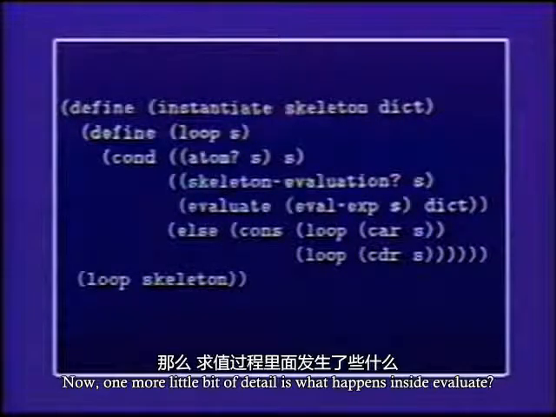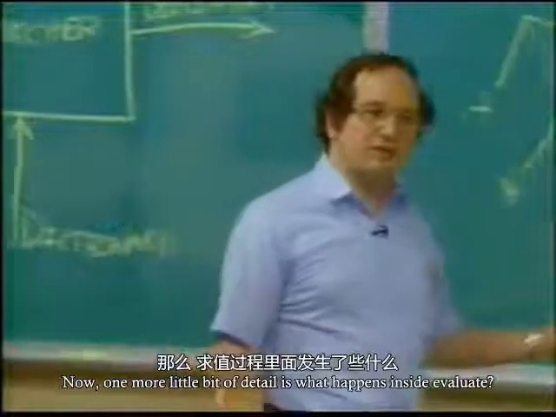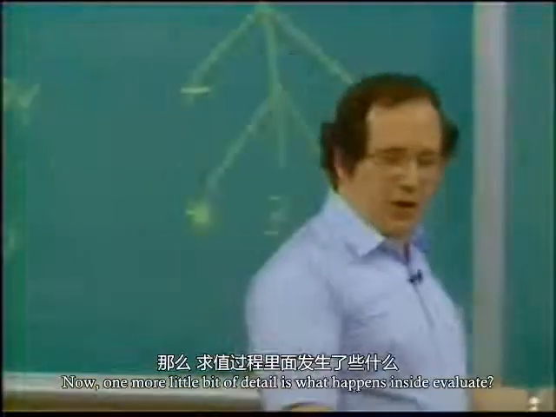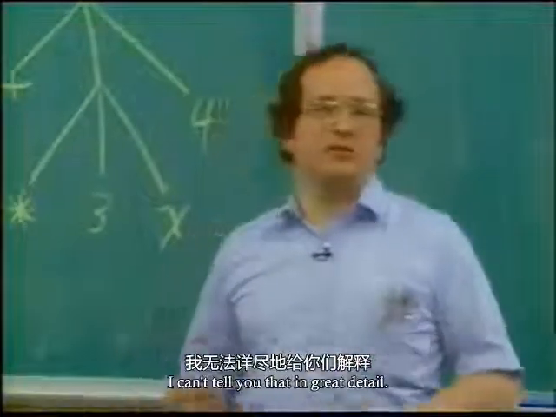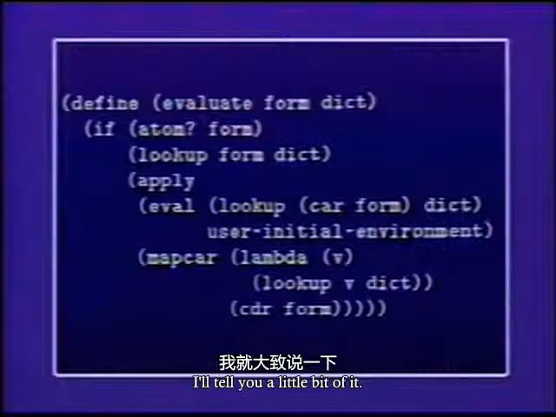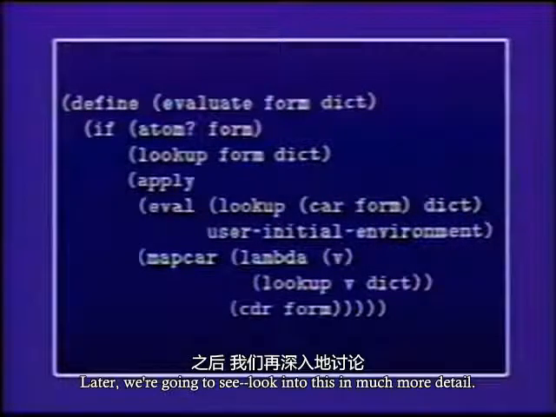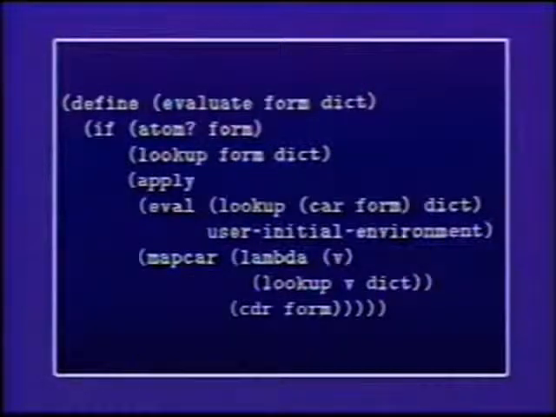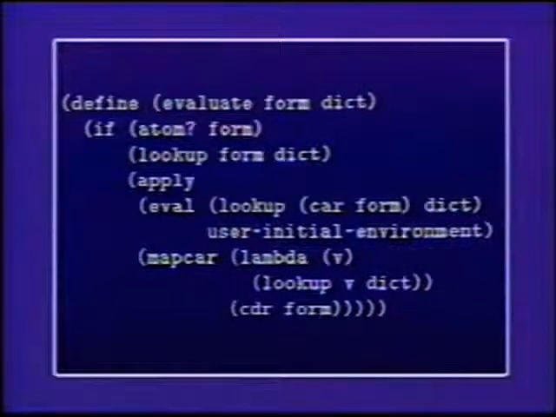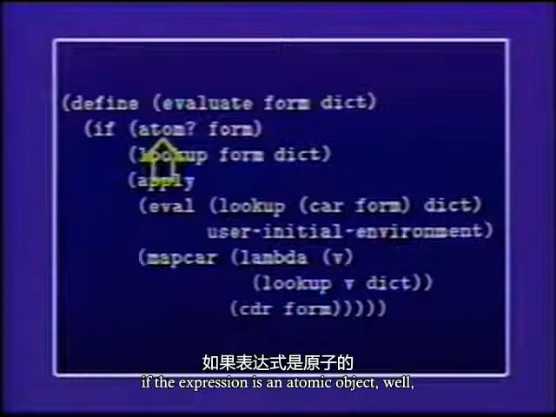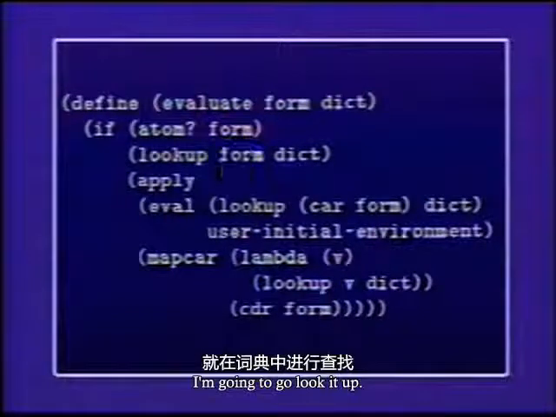Now, one more little bit of detail is what happens inside evaluate. I can't tell you that in great detail. I'm going to tell you a little bit of it. Later we're going to look into this in much more detail. Okay. To evaluate some form, some expression with respect to a dictionary, if the expression is an atomic object, well, I'm going to go look it up.